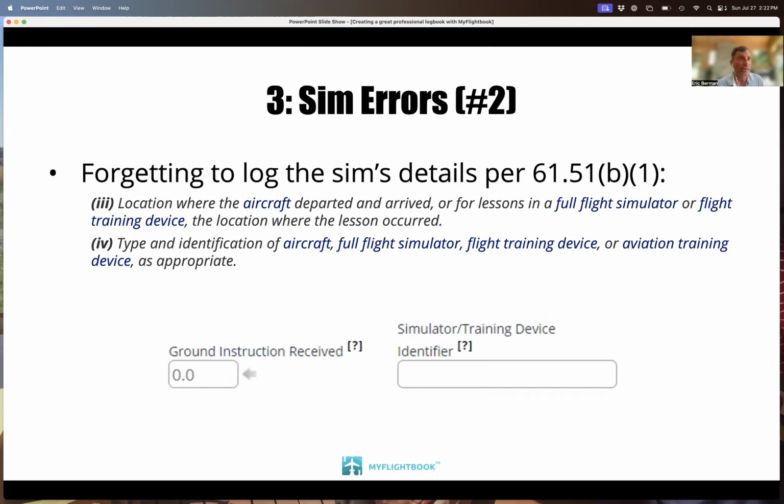And that's the right place to put, oh, this was at FlightSafety in Denver, serial number 123, FAA registration ABC. And the nice thing is that that field will automatically autocomplete to previously used values. So if you visit the same sim multiple times, data entry is really easy. It's also a really good idea to log some ground instruction when you receive that in a sim.